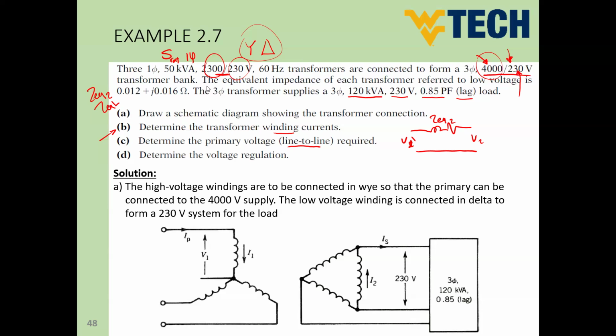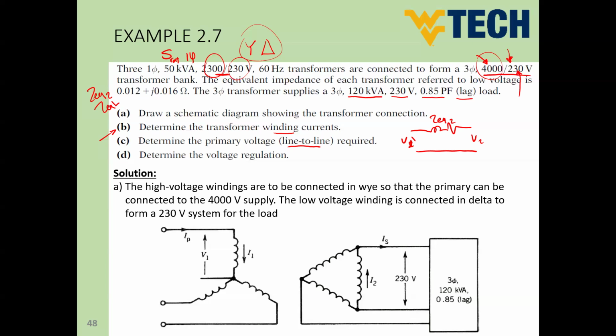Then the example says the equivalent impedance of each transformer referred to low voltage is 0.012 plus j0.016. So this is now the impedance, resistance, and reactance of our windings, the winding resistance and the leakage reactance of the transformer for both transformer sides, but referred to the low voltage side.